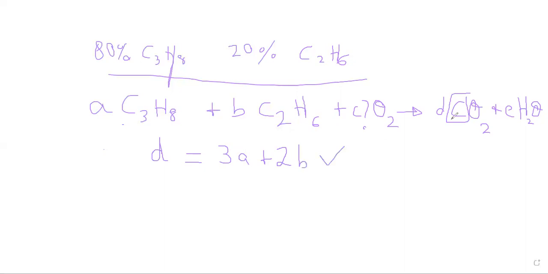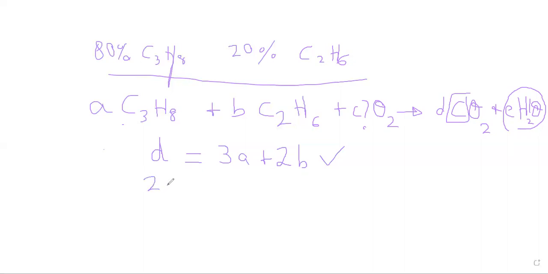Now I move to element H. H is also present in the products only in H2O. So I can say that the number of H atoms is 2 times E. Of course, I can do the reasoning by molecule or by kilomole. It's the same concept. If I have A kilomoles here, I will have E kilomoles here. So the number of kilomoles of H is 2 times E in the products.